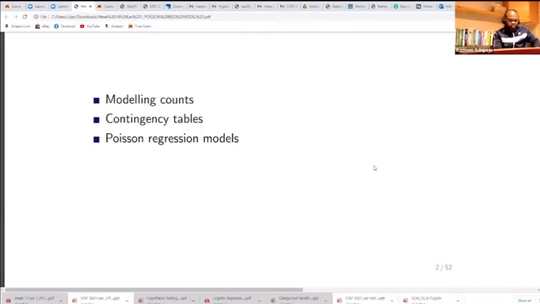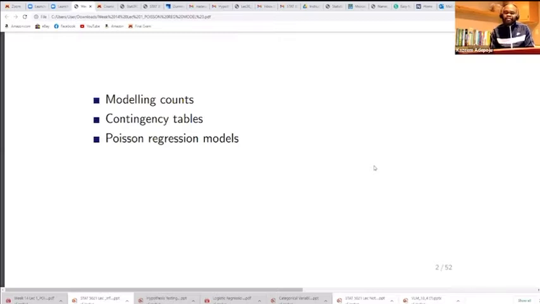Because it has a restricted bound, using ordinary linear regression to model that would give predictions that go out of bound, and that is the reason why we go for logistic regression.